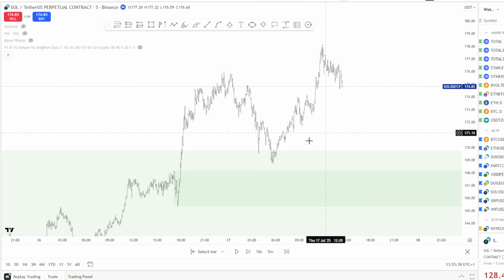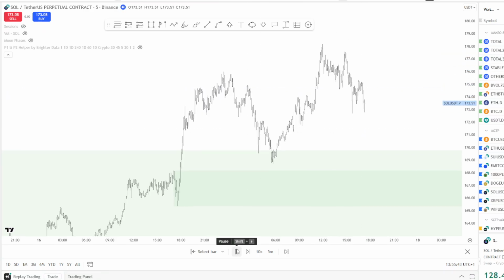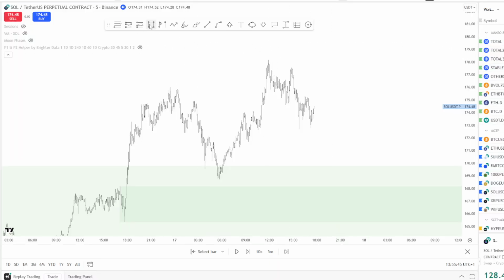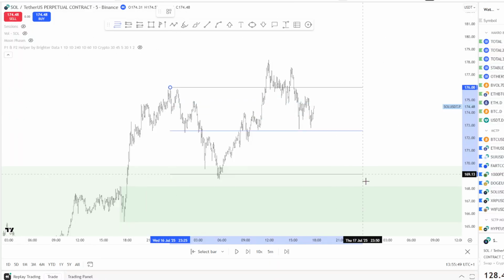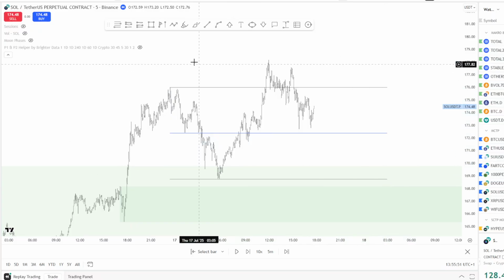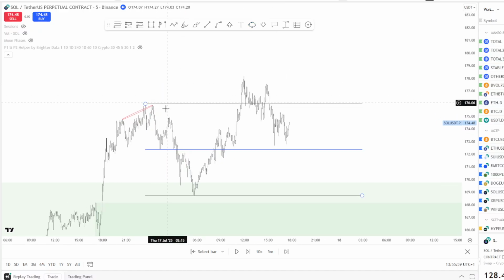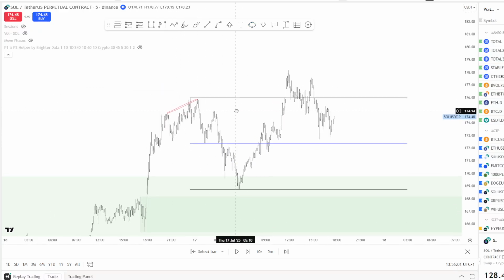Let's see. This could be again a distribution where the range starts with its own little model 1 that creates the first tap.